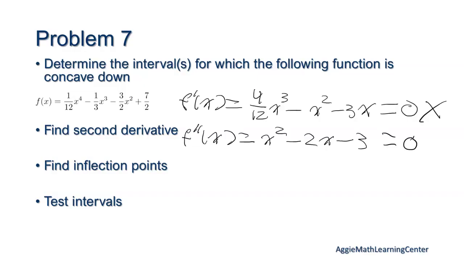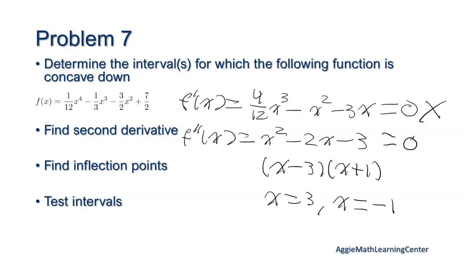Now we can use our factoring rules. What multiplies to negative 3 and adds to negative 2? Negative 3 and positive 1. So our roots are x equals 3 and x equals negative 1.